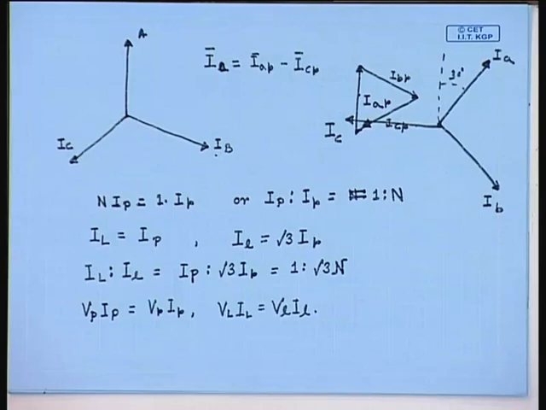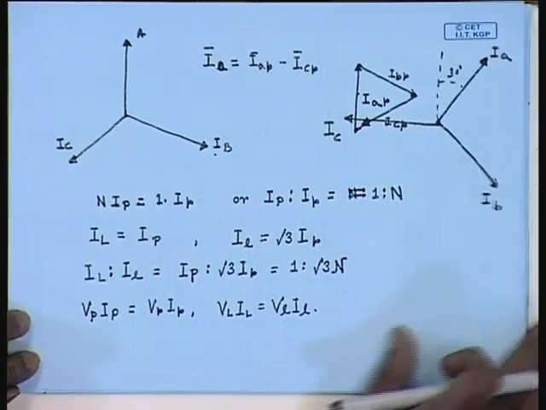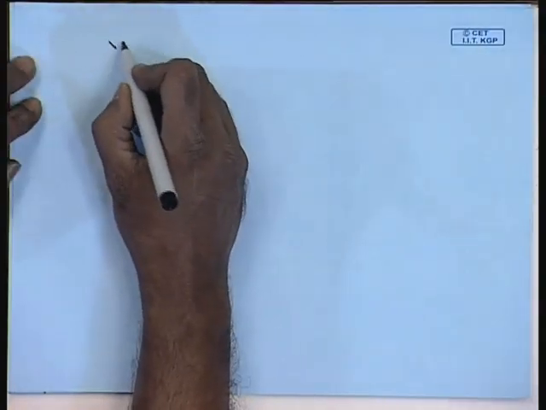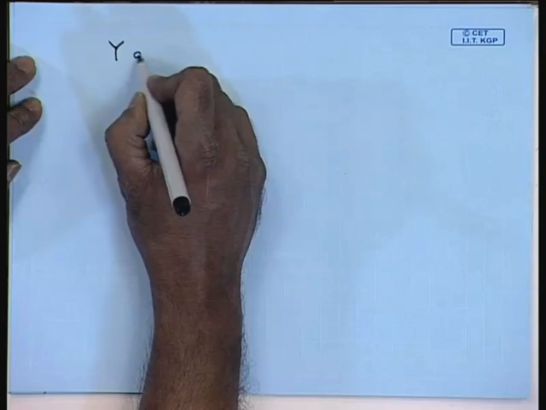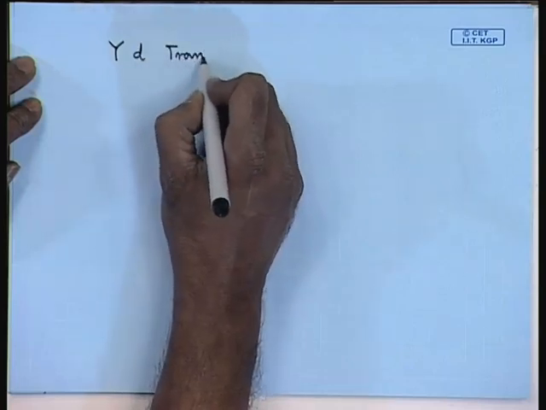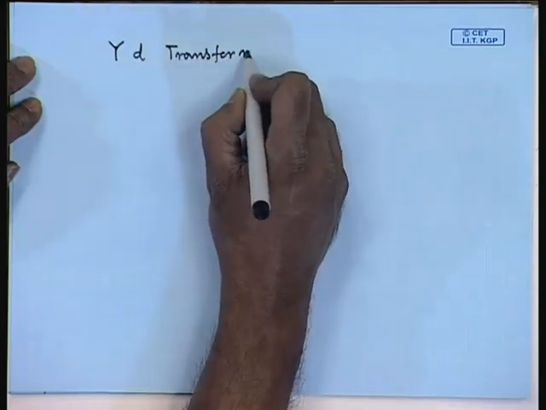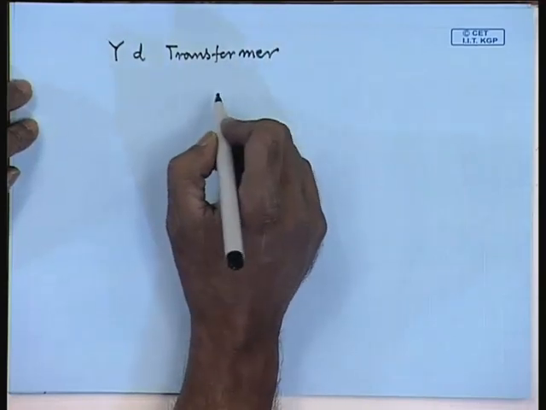Hence, we have seen that if the high voltage side of the 3-phase transformer is star connected and the low voltage side is delta connected, then in a nutshell we can write the transformation relations for the YD transformer.